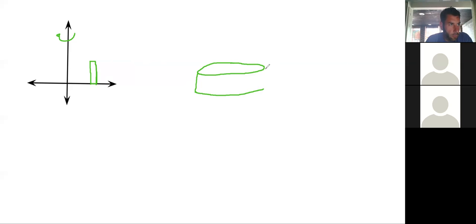So again, it's hard to draw these creatures, but you would imagine that this is some sort of thin strip. So it has a little thickness to it. Maybe let me try drawing that a little better. Bear with me. I am no artist, that's for sure. So again, if I imagine what happens to this thing, I imagine it looks something like this.